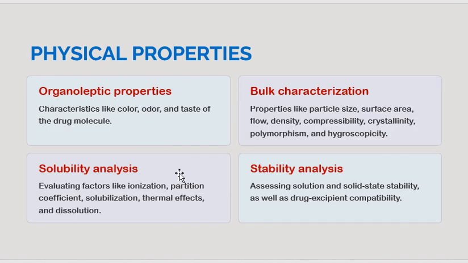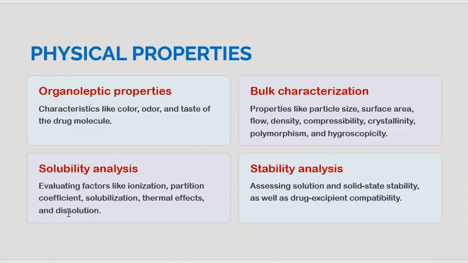The organoleptic properties mean the properties which we can feel, which we can see or which we can taste. For example, the color, odor, taste and even the texture of the drug. Bulk characterization means what we can measure in bulk. For example, the particle size, the surface area, the flow of the particles, density of the particle, compressibility, etc.